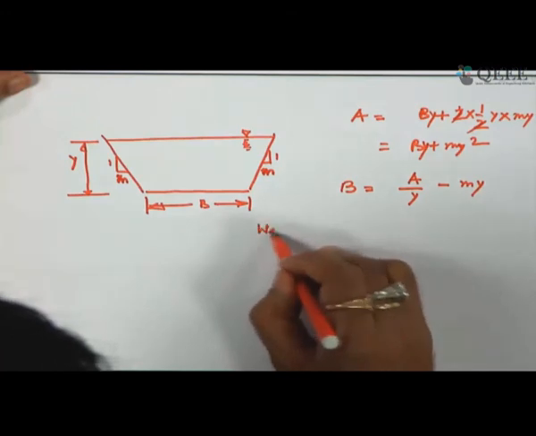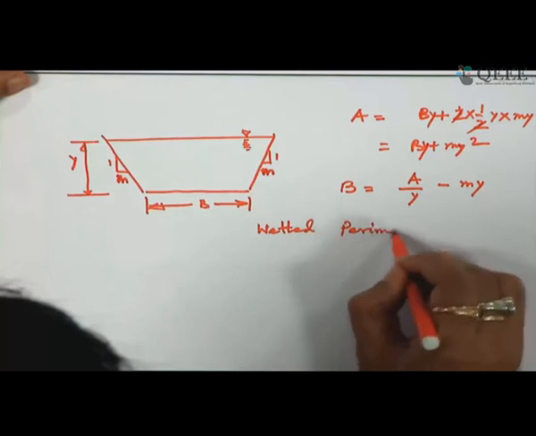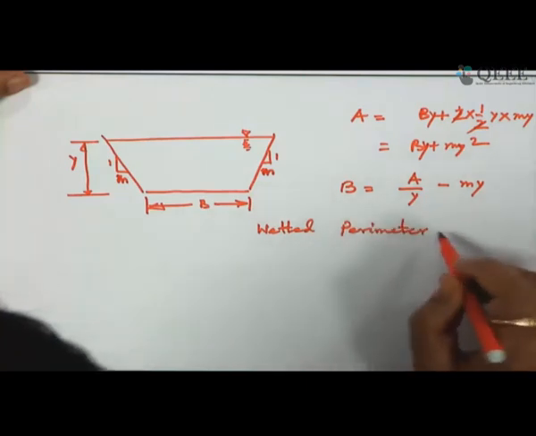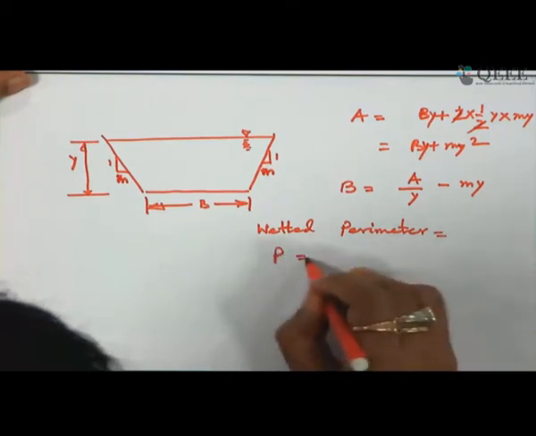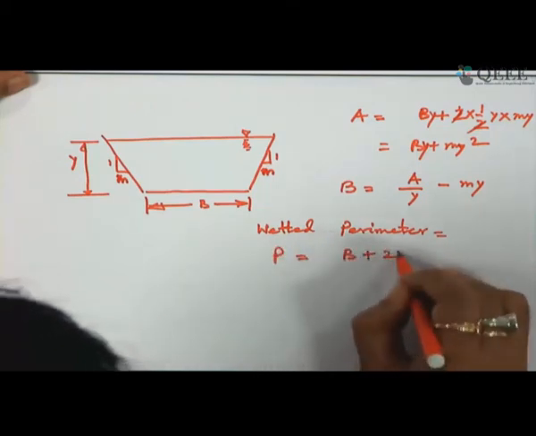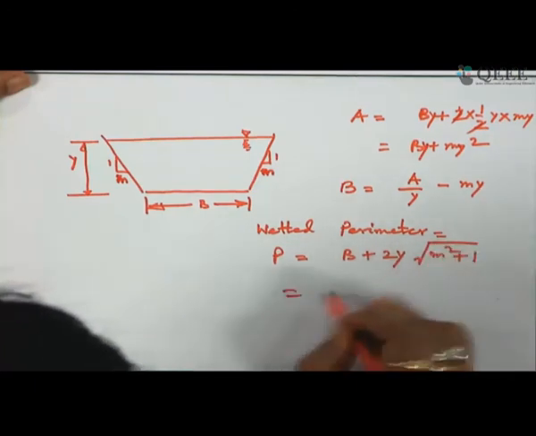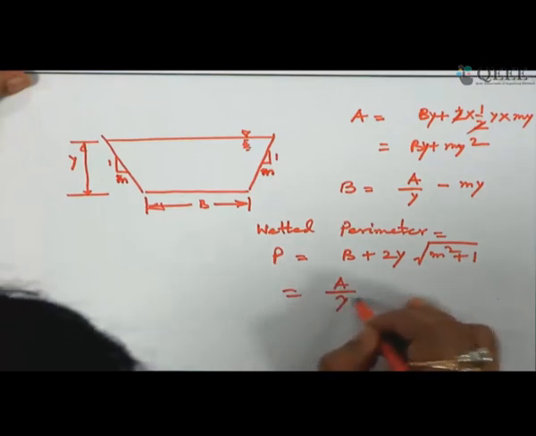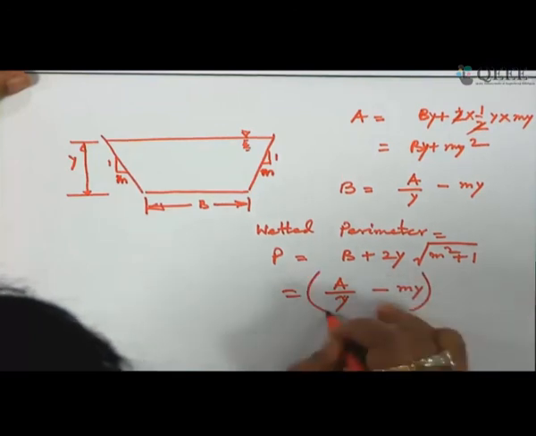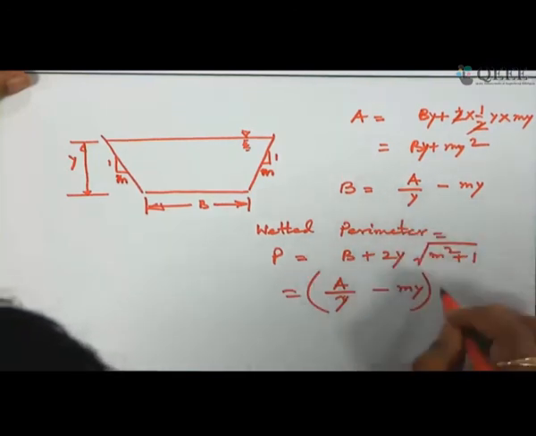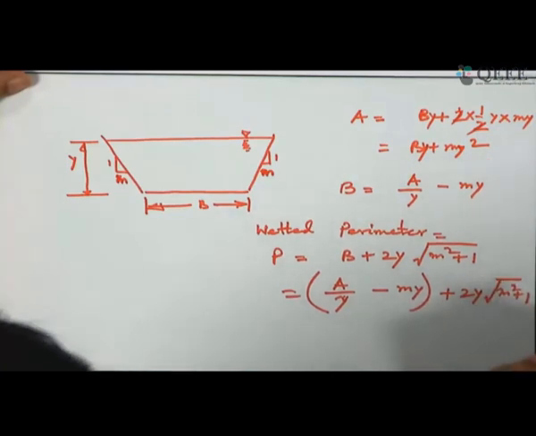Again, the wetted perimeter P equals b plus 2y square root of m squared plus 1. This is A by y minus my in place of b, plus 2y square root of m squared plus 1.